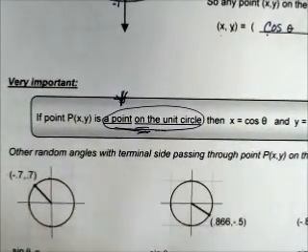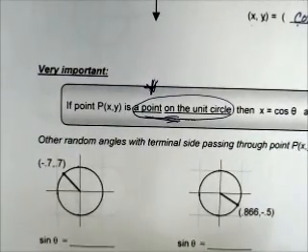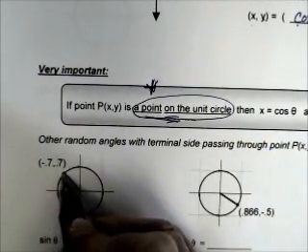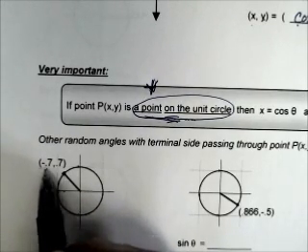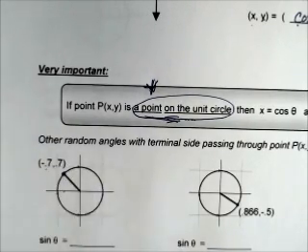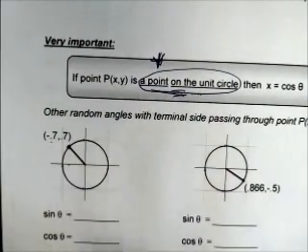All right, so other random angles with terminal side passing through point P on the unit circle. Again, these are on the unit circle. The coordinates of this point on the unit circle has an x-coordinate of negative 0.7 and a y-coordinate of positive 0.7. What is the sine of this angle?